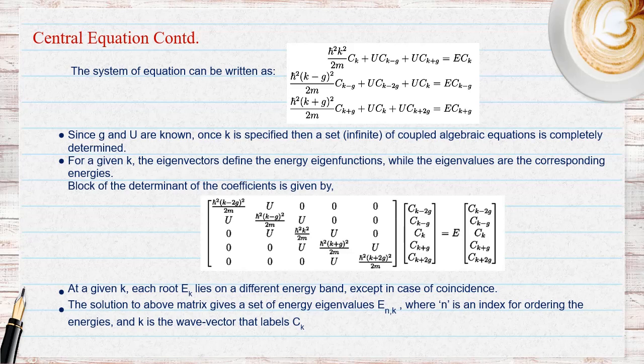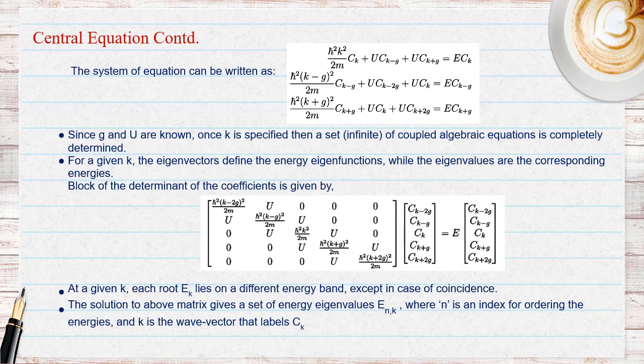Now we have the minus g component, that is ħ²/2m (k−g)² Ck−g + U Ck−2g + U Ck = E Ck−g. Now the plus g component, that is ħ²(k+g)²/2m Ck+g + U Ck + U Ck+2g = E Ck+g.